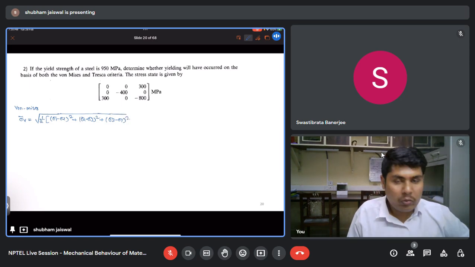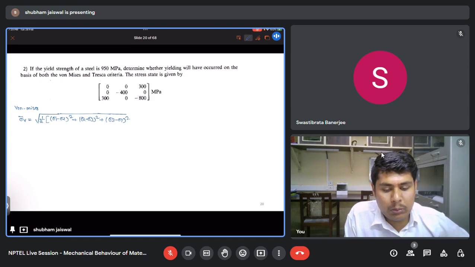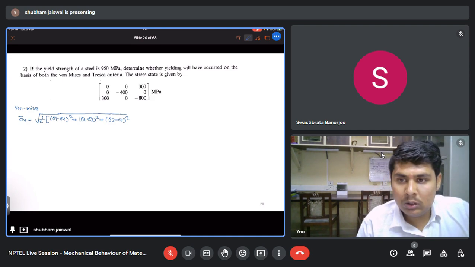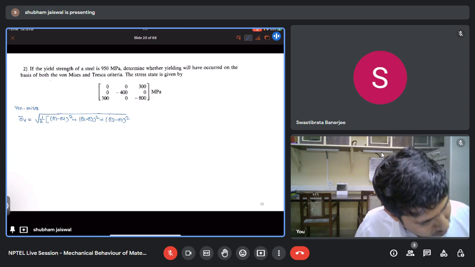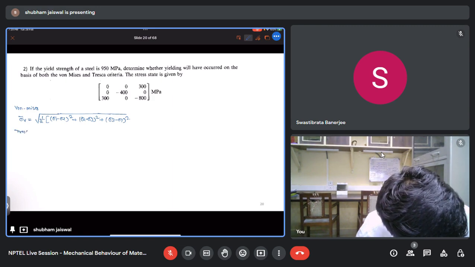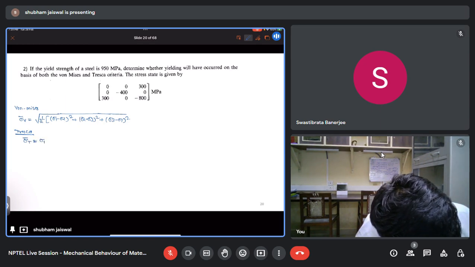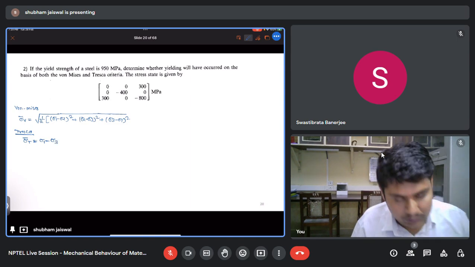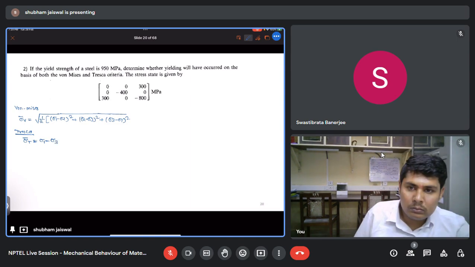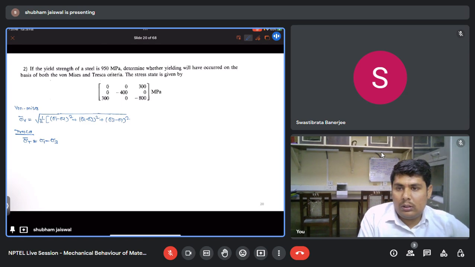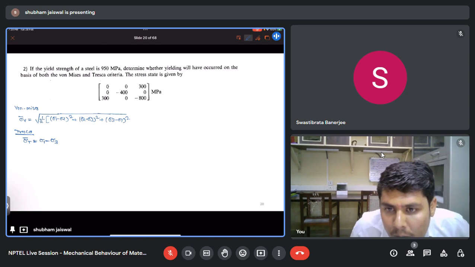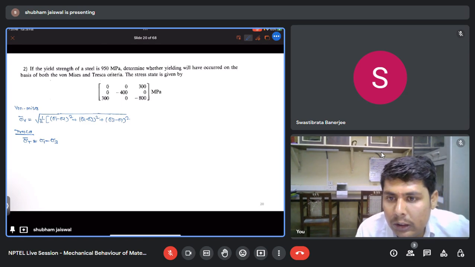So I need to find the values of sigma 1, sigma 2 and sigma 3. For Tresca also, effective stress is sigma 1 minus sigma 3.